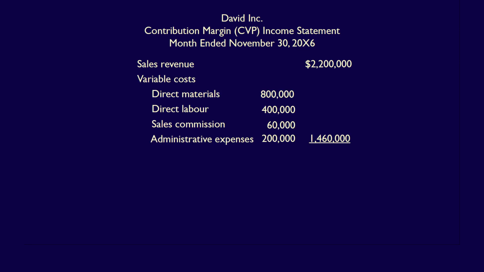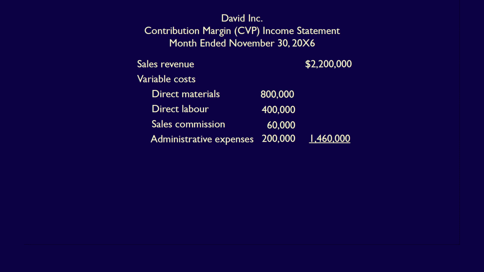Next, the heading variable costs, followed by all of the variable costs which are incurred during the production and sale of the products. This includes direct materials of $800,000, direct labor of $400,000, sales commission of $60,000, and administrative expenses of $200,000. All of these costs are variable because they change with the level of activity, which in this case is the number of units sold.